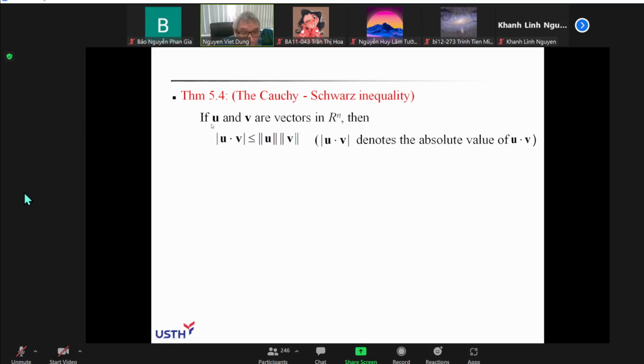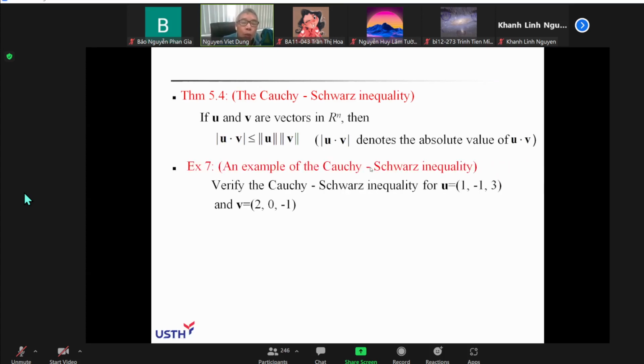Suppose that U and V are two vectors in n space. Then we always have the absolute value of the dot product between U and V is less than or equal to the product of the length of U and the length of V. And here is the absolute value.